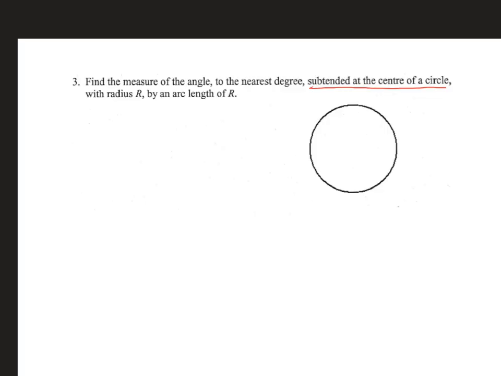What it's saying is, if I'm going to subtend an angle at the center of a circle that has radius r, find the angle if I also have an arc length of r. So for me to do that, that must have been my rotation. And really what you need to come up with then is the measure of theta.